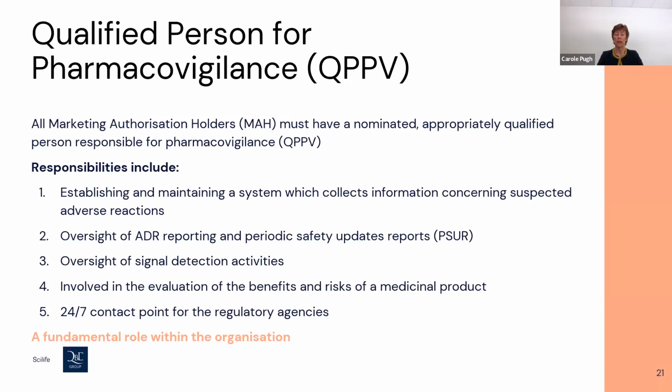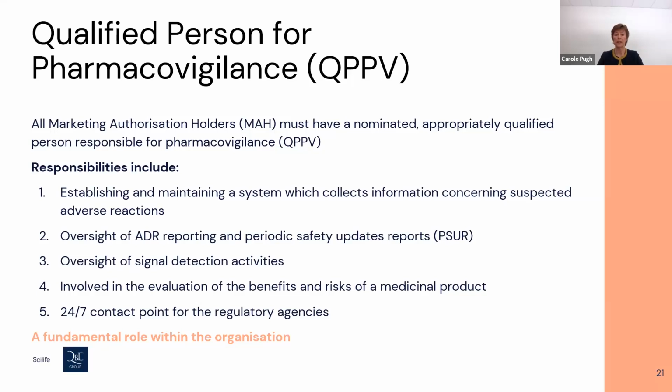They're required to oversee the signal detection activities and be heavily involved in the overall evaluation of the benefit risks of a medicinal product. There's required to be a 24/7 contact point for the regulatory agencies. Now, this person does not have to manage all of these aspects directly.